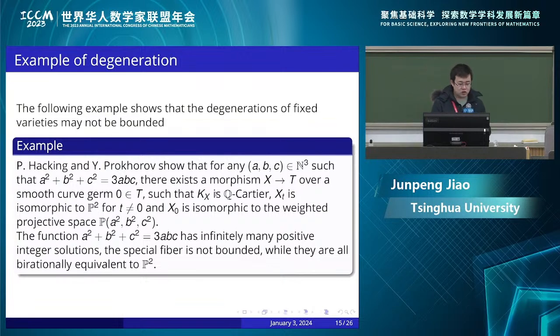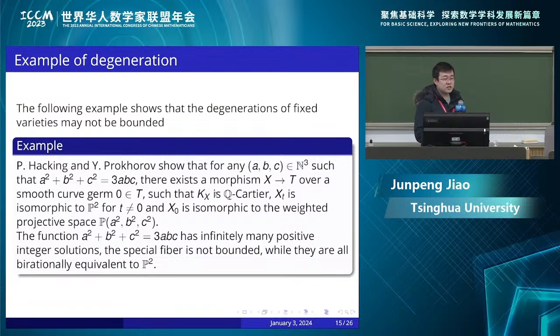Hacking and Prokhorov show that for any triple of natural numbers a, b, c such that a squared plus b squared plus c squared equals 3abc, there exists a morphism X to T over a smooth curve such that Kx is Q-Cartier, and the general fiber is isomorphic to P2, but the special fiber X0 is isomorphic to the weighted projective space P(a squared, b squared, c squared).